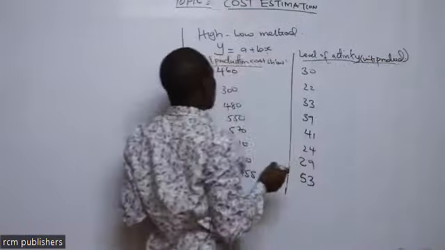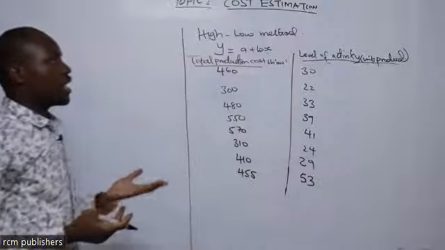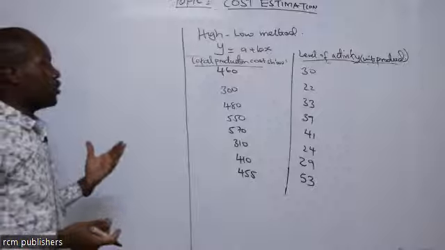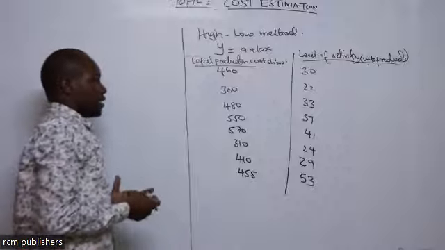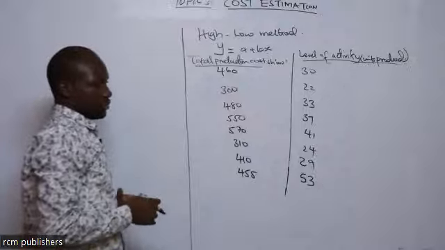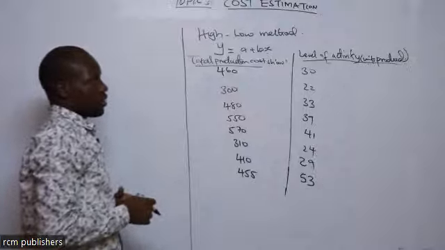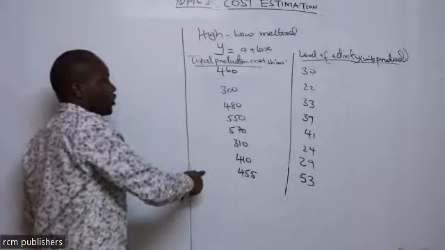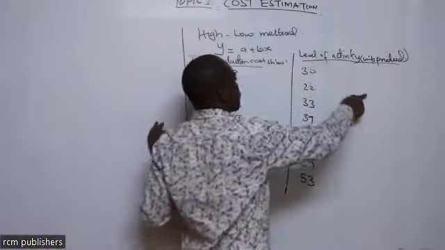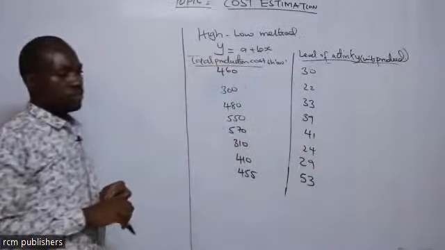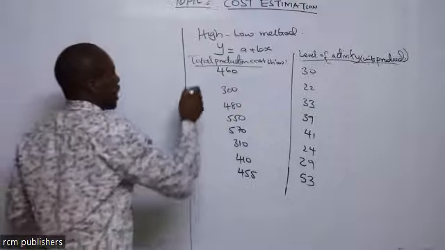So between total production cost and activity level or units produced, what are we going to have as the determinant of each other? Do I use the total production cost to get units produced, or do I use units produced to arrive at the total production cost? What are we going to have as y?